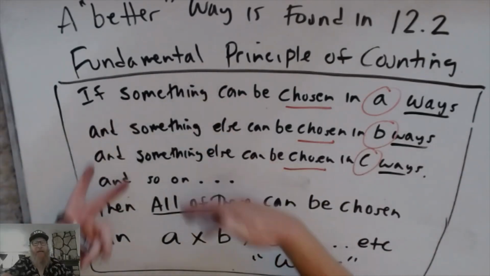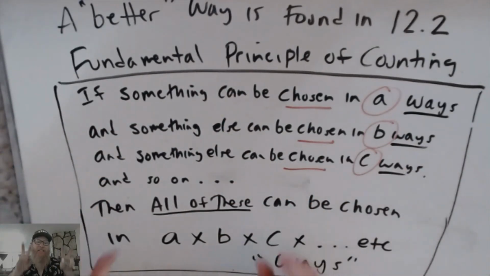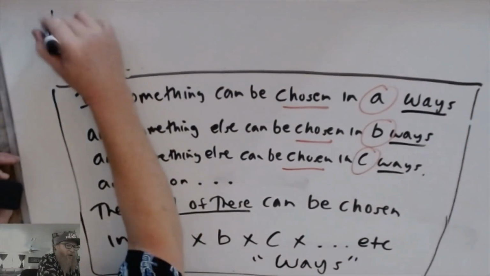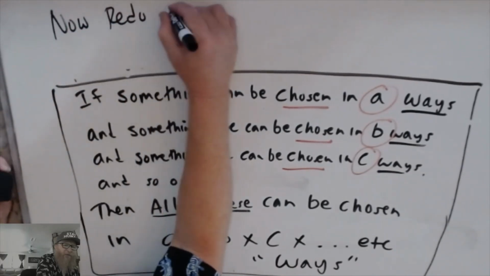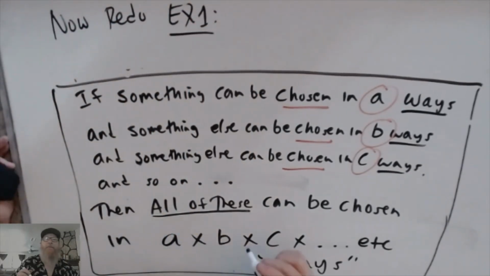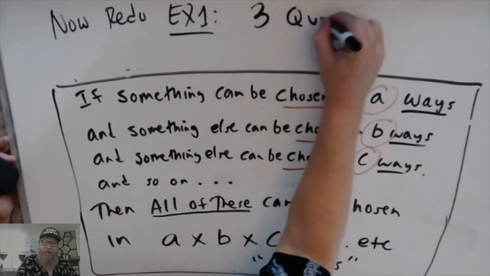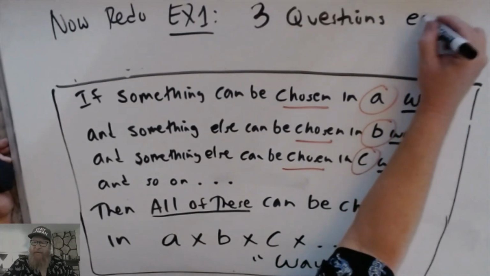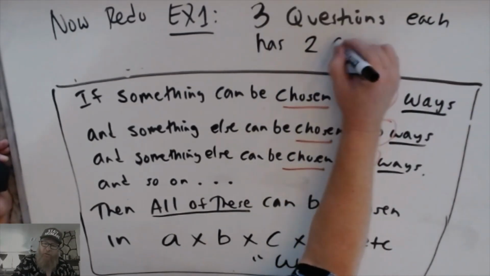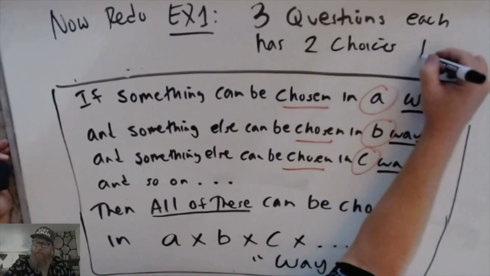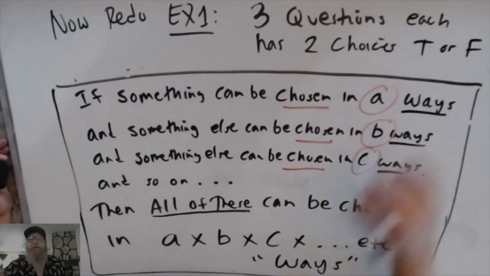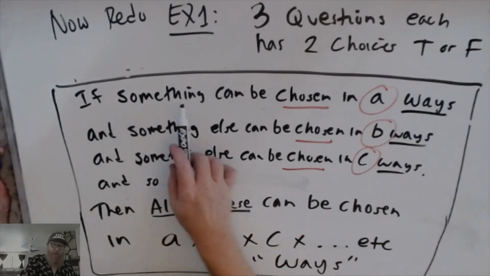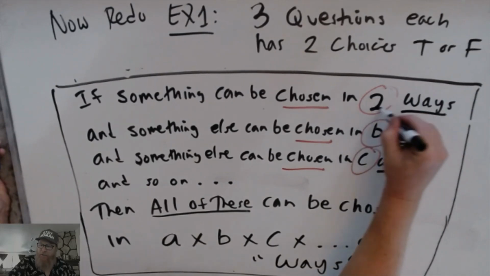I'm keeping it very abstract and just saying something. And so now we can redo example 1. There are 3 questions. Each has 2 choices, true or false. So the first thing can be chosen in 2 ways.